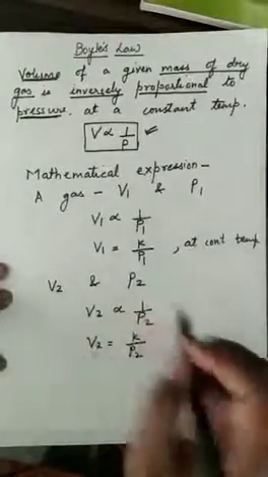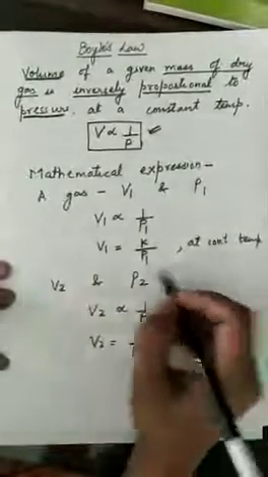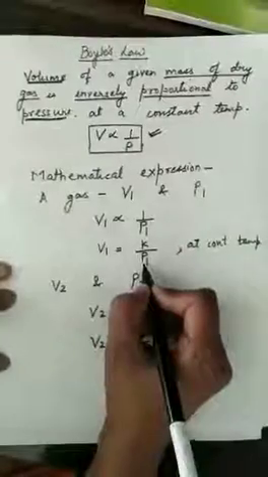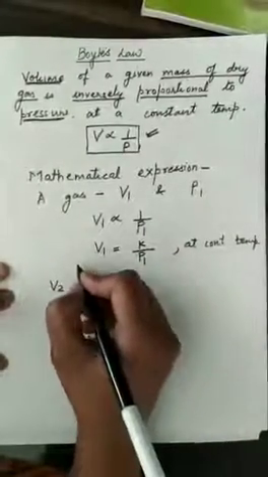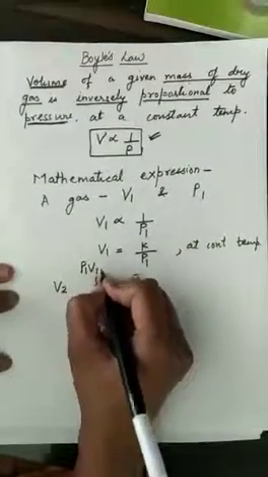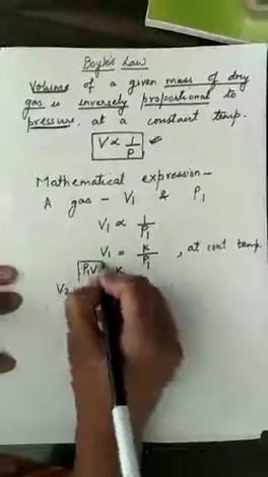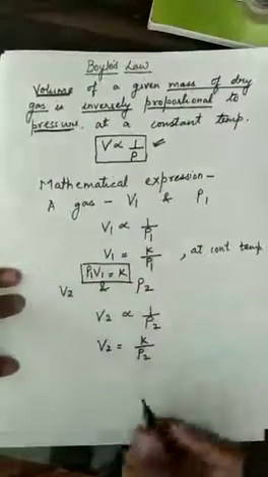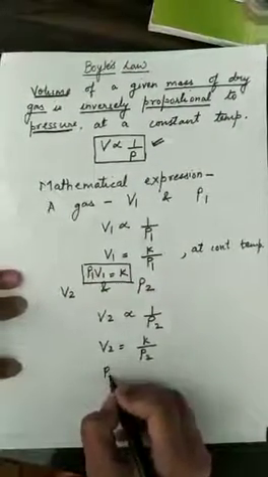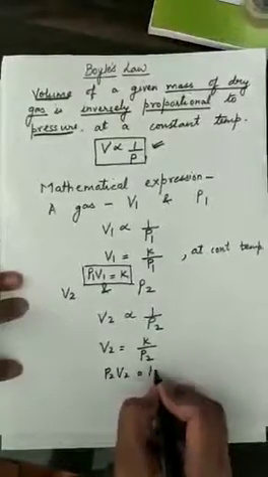One thing we can do here is simply move P1, and it can be written as P1 V1 is equal to K. Here it is P2 V2 is equal to K.